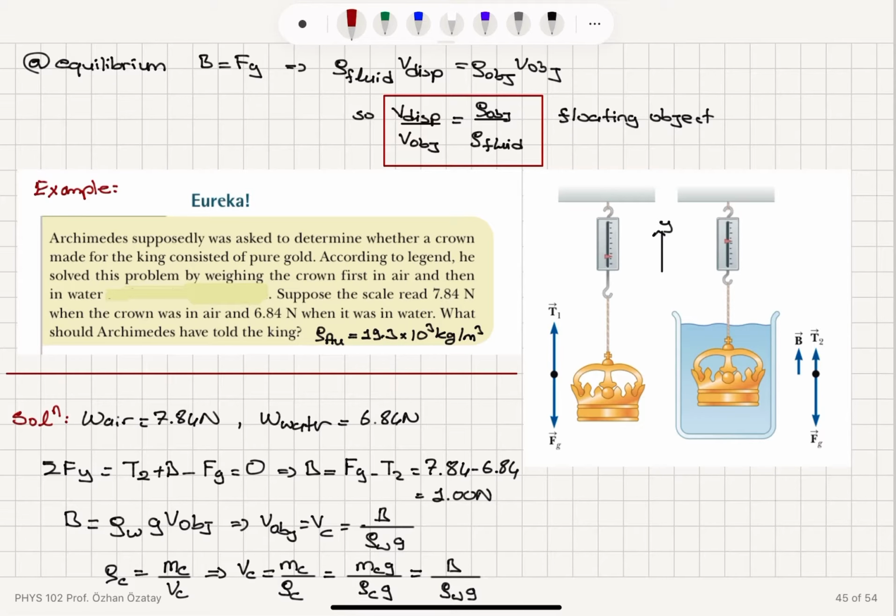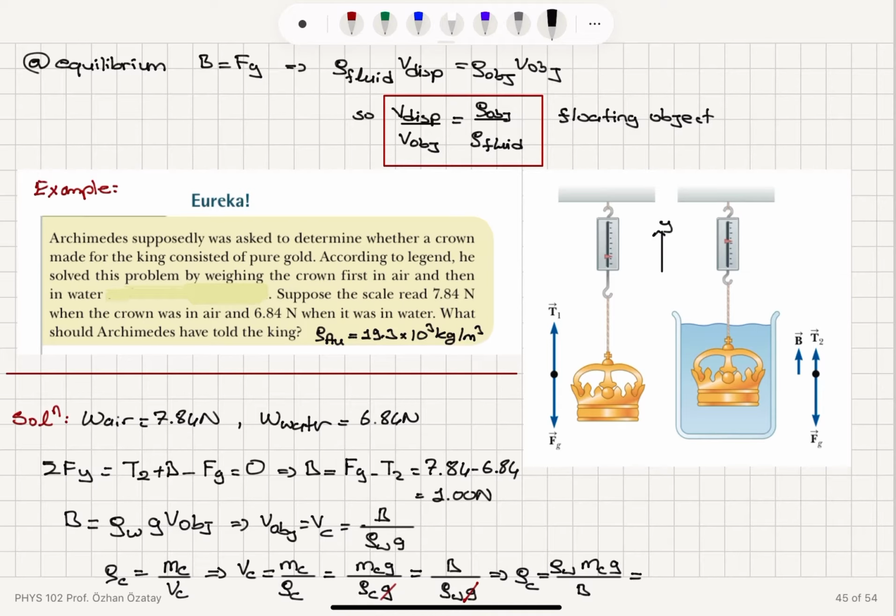So if I look at this equation, I see that these two g's will disappear and I will be left with the density of the crown equals the density of water, mass of the crown times g divided by the buoyant force.